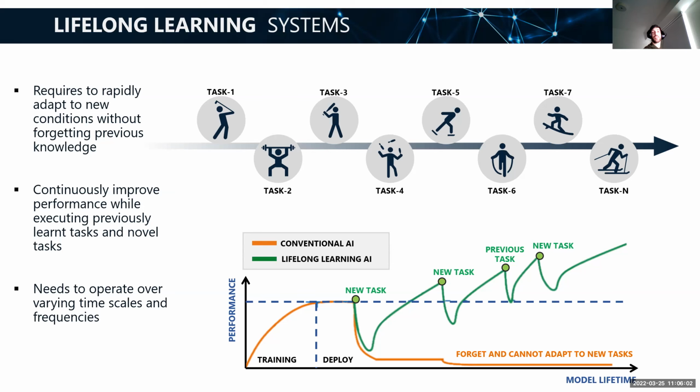Sure, there will be some drops periodically when you experience a new task and it takes some time to adjust. And minimizing those gaps or drops is an important part, but the goal is to continuously acquire and accumulate new skills and learn how to use those skills to solve new tasks and do better on previously seen tasks.